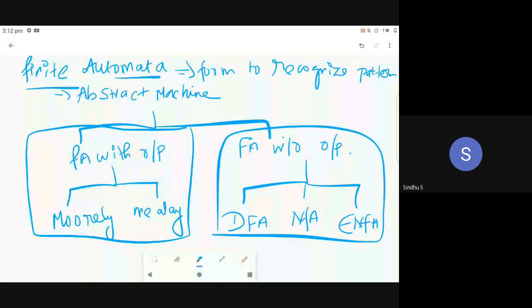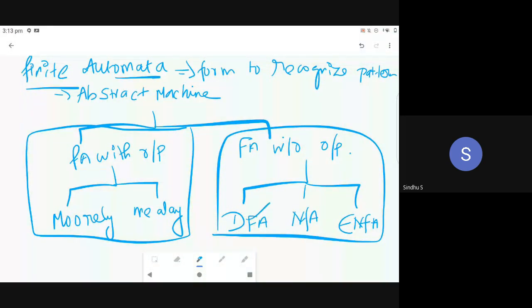I hope you understand the classification. Two major classifications: finite automata with output and without output. With output, there are two types of machine: Mealy machine and Moore machine. And without output, we have three types: DFA, NFA, and epsilon NFA.